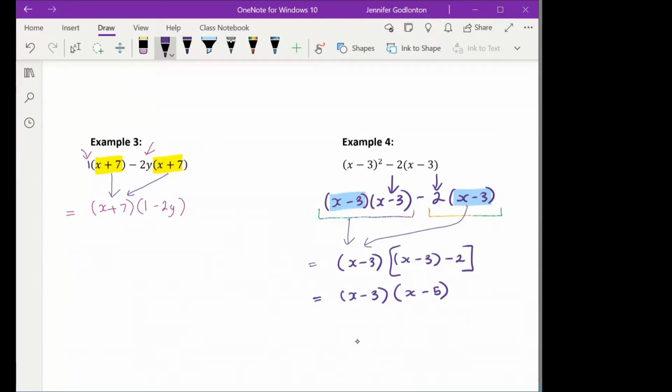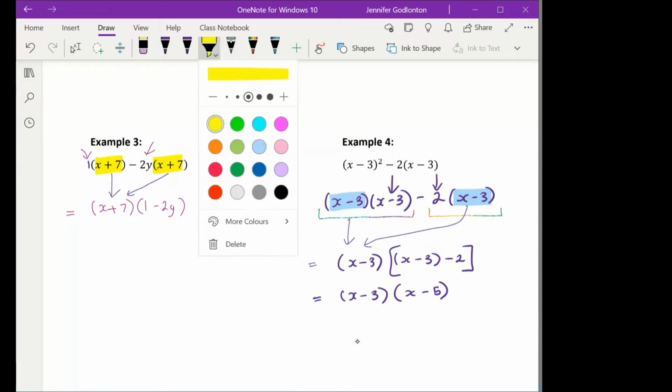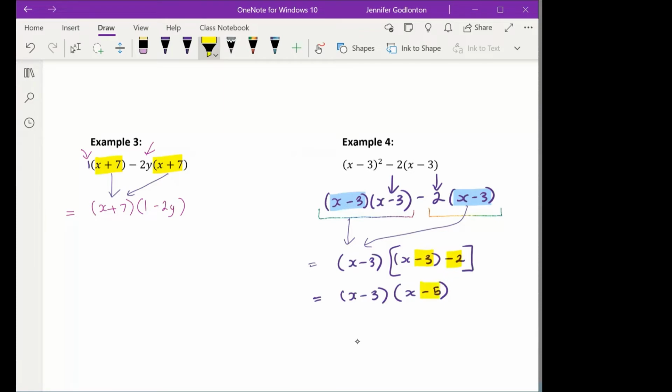Ma'am, how did you get to 5? I still don't understand. So the 5 came from having negative 3 minus 2. That gave me my negative 5. But wait, when you have a bracket, aren't you supposed to times or something?